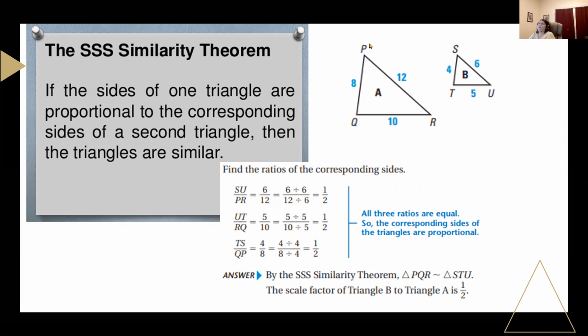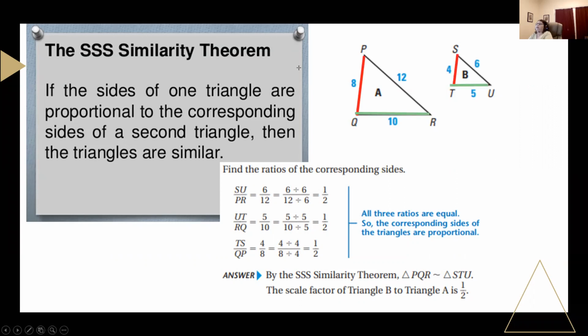If we want to look at the corresponding sides, the smallest one was ST on that side. So these two correspond. That's why 4 and 8 went over each other. The next largest was 5 on this one, and then 10 on this one. That's why those two went over each other.